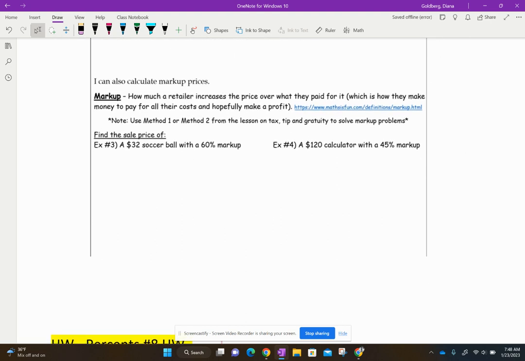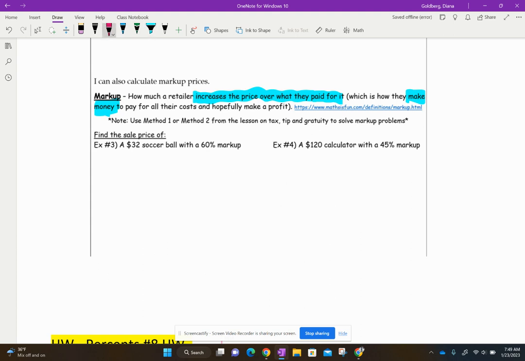On your own, I want to just quickly do one of these examples with you. Maybe we'll do example 4 for markup because it's a calculator. And why not? Okay, so what is markup? Well, every store marks things up. They have to increase the price over what they paid for it because this is how they make money, and they want to make a profit.